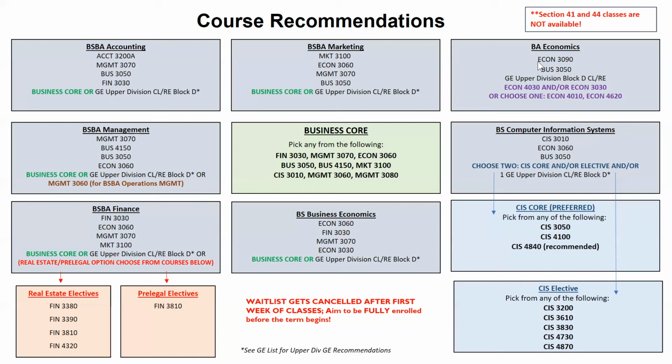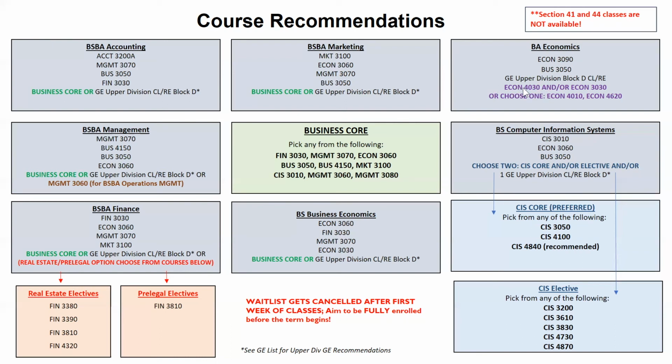We want you to be taking Econ 3090. That's a key course for our BA Econ students. We also want you to be taking Business 3050. And also a GE upper division in block D. Make sure it has both the CL and RE attributes. And if you look at the purple, these are other choices.